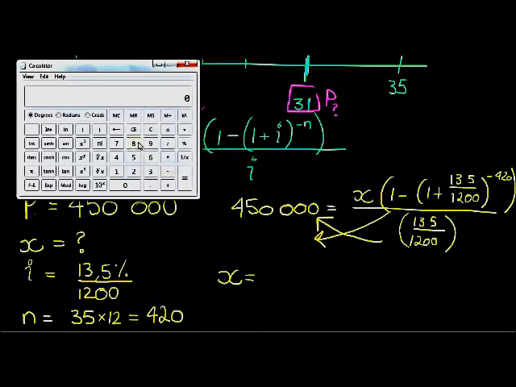Okay, so I have 450,000 multiplied by the denominator, which is 13.5 divided by 1200, and divided by that top bracket, which is 1 minus, and in brackets 1 plus 13.5 divided by 1200.